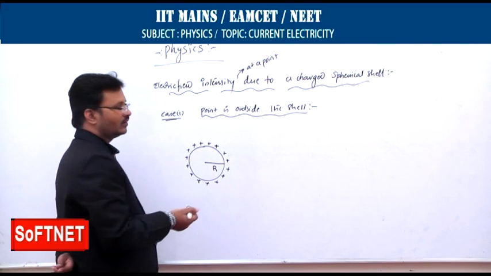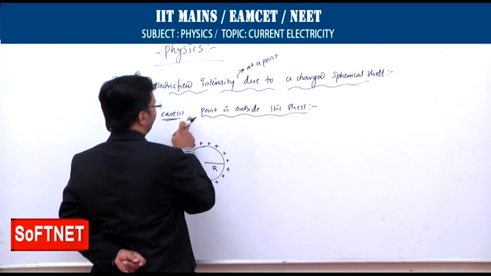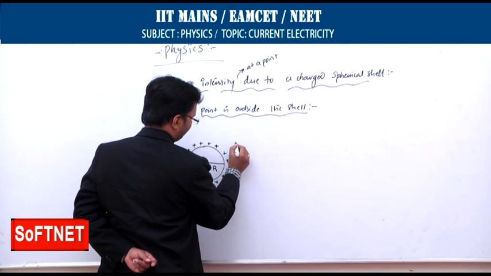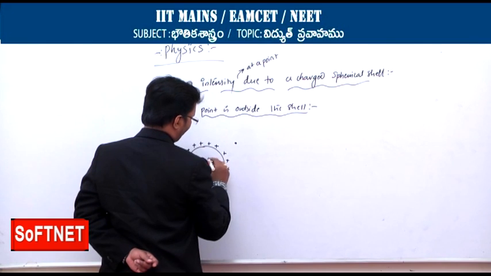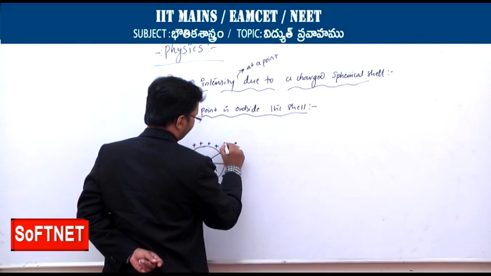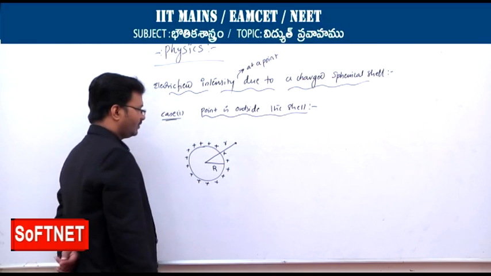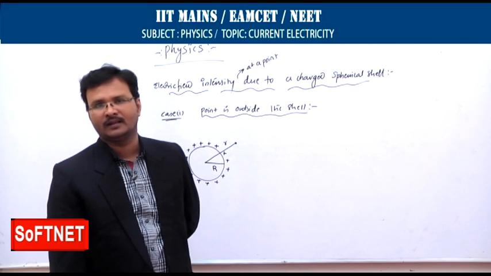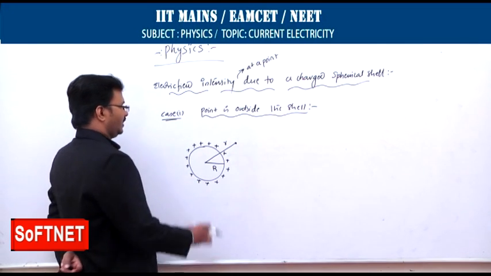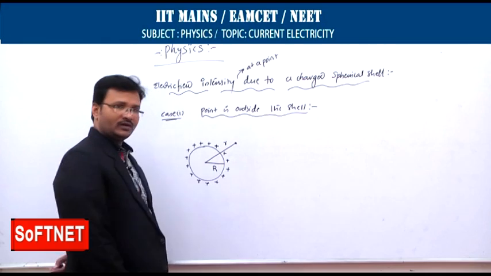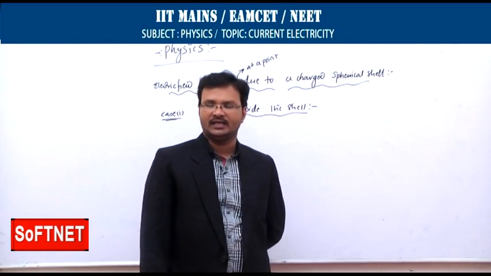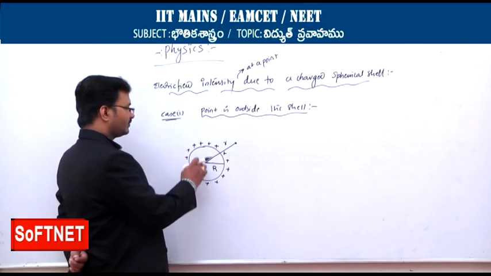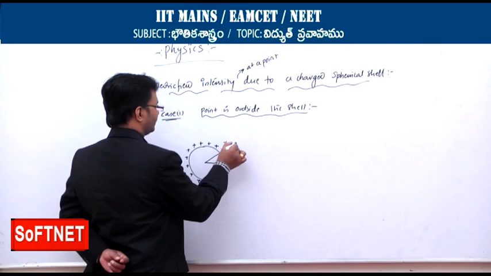Clear? Now, at this point, what is case 1? The point is outside the spherical shell. Now, at this point, how much distance from the center? Small r distance. At this point, we need to find the electric field intensity. Clear? If we want to apply Gauss law, compulsorily we need a closed surface. Am I right? Now, which type of closed surface can we assume here?